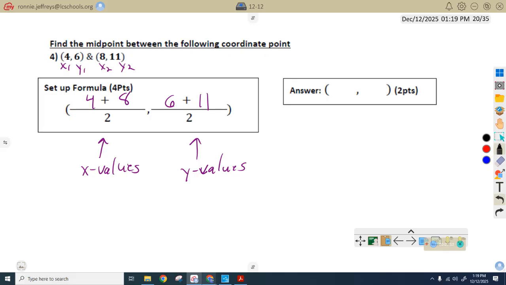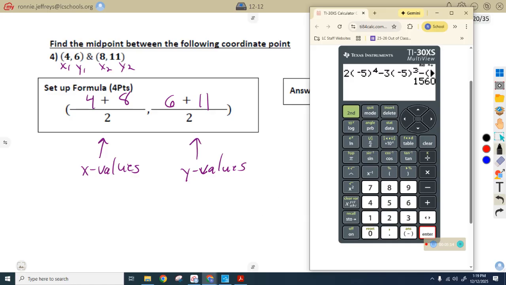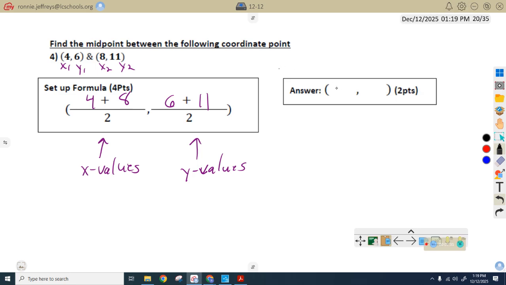People will still put X and Y and stuff in there. I've told y'all 1,000 times not to. That's why we're going to take that field trip to the place with the highly electrified fence. Bless you. So this one, you either get 8.5 or 17 over 2. Either one is okay.